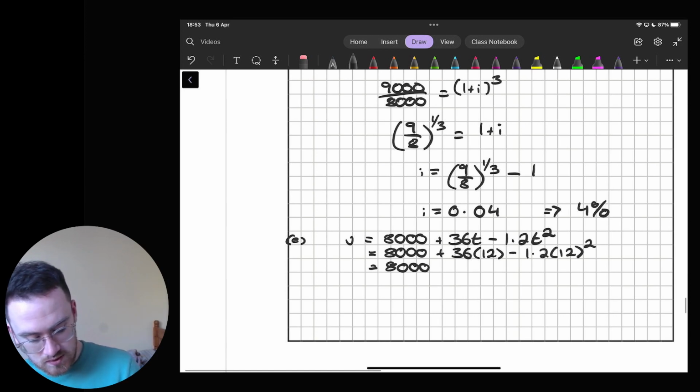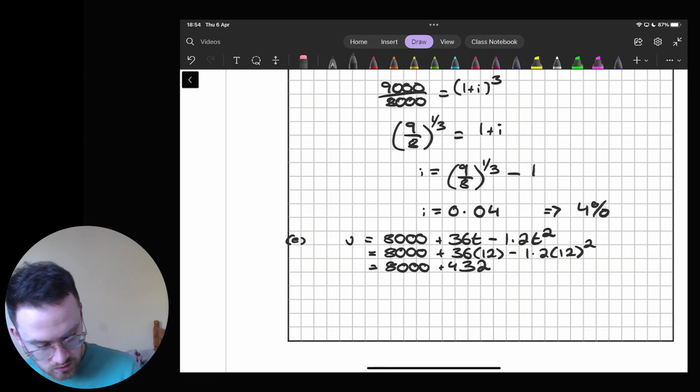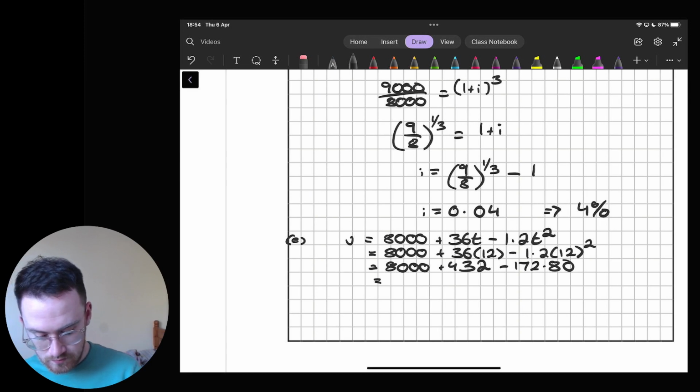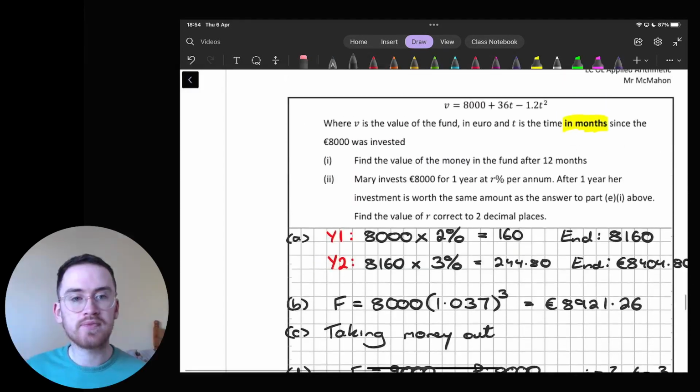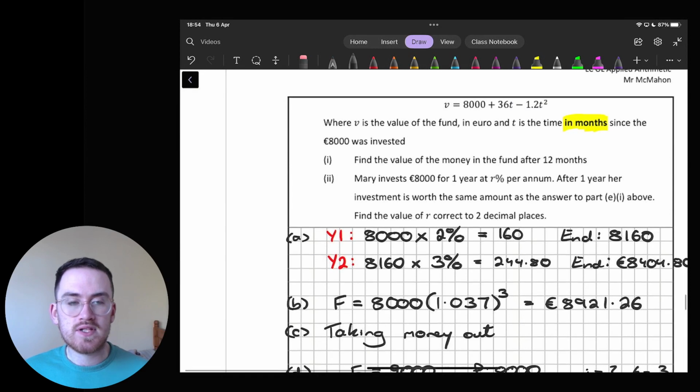So 8,000, 36 by 12, plus 432, minus 172.80. 8,259.20. €8,259.20.